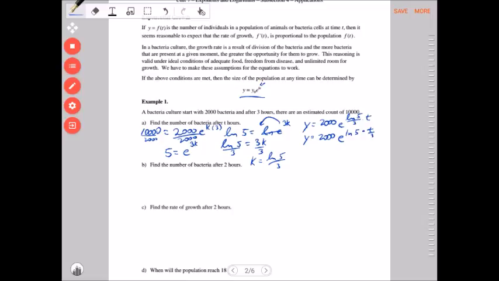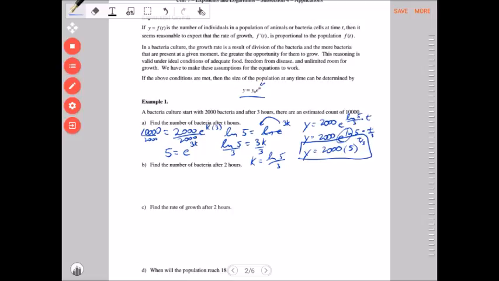I can move that 3 over to the t. The reason I would want to do that is because look at this: e to the ln 5. That's the other of those logarithmic identities, and that just equals 5. So really this just becomes y equals 2,000 times 5 to the t over 3. That's really handy. So that whole e function just goes away, and then there is our formula.